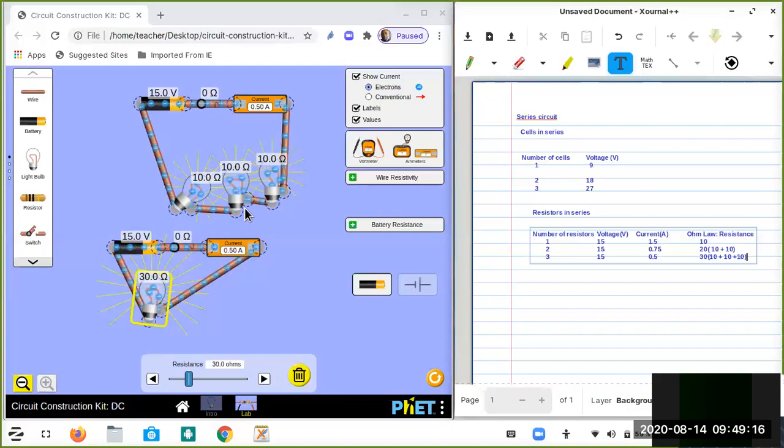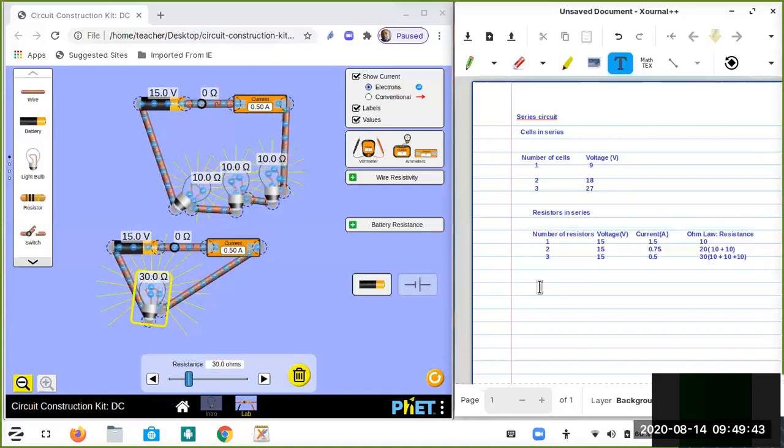Right, we have seen that when we have one resistor, the resistance is 10, voltage is 15, current is 1.5. Now, let us look at what we call Ohm's law.